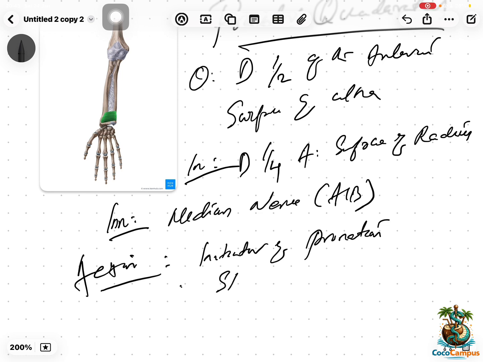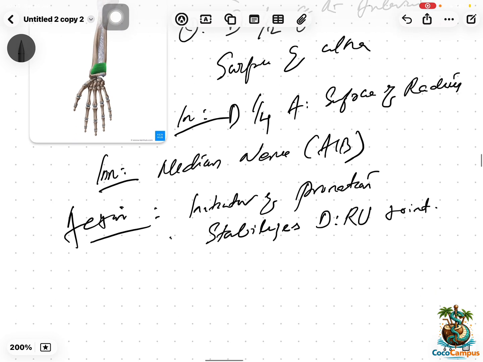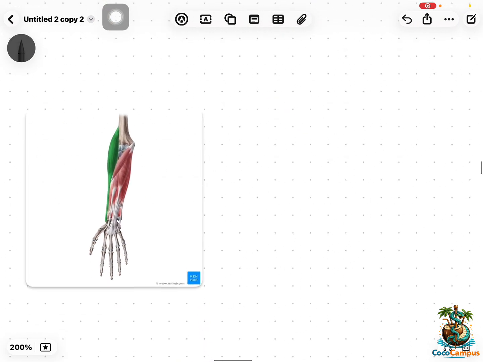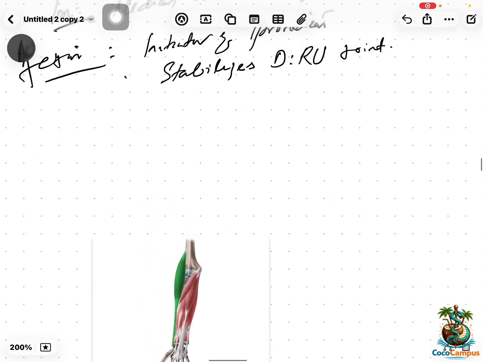Alright? Okay, here's something fun to remember. The pronator quadratus is the deepest muscle in the forearm and acts as the prime mover in pronation. However, pronator teres just acts as a synergist during rapid or forceful movements.